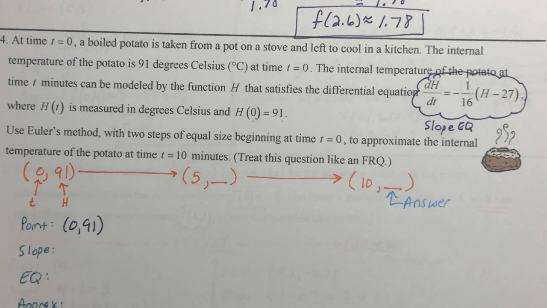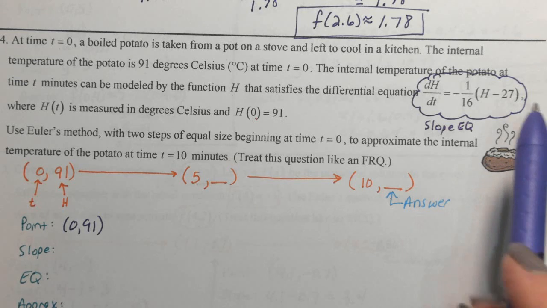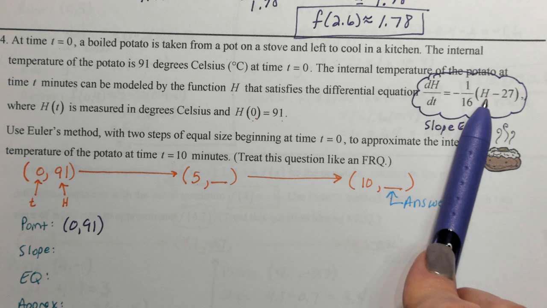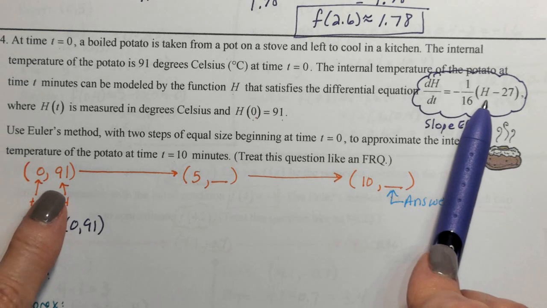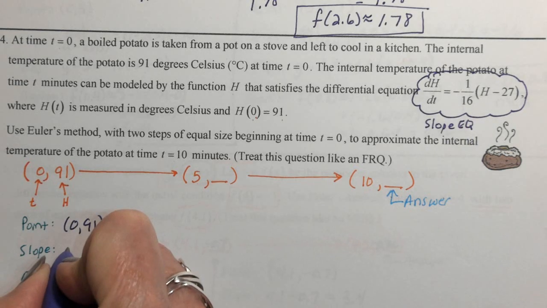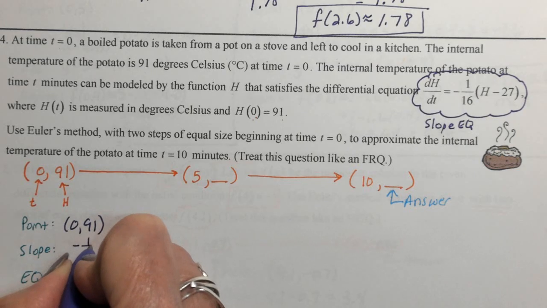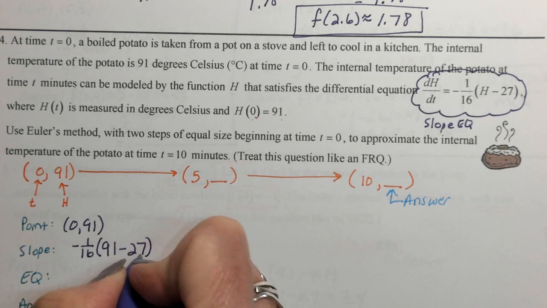So instead of dy dx, it is dh dt. So I see that my slope equation is only in terms of h. So I will be using only the 91 over there. So my first slope is negative 1 over 16 times 91 minus 27.